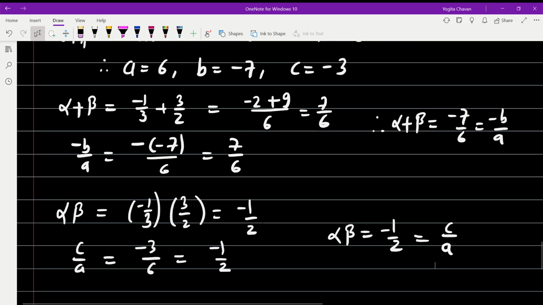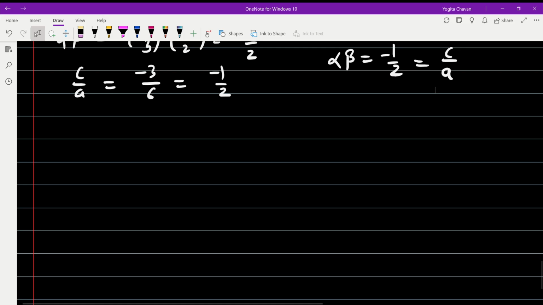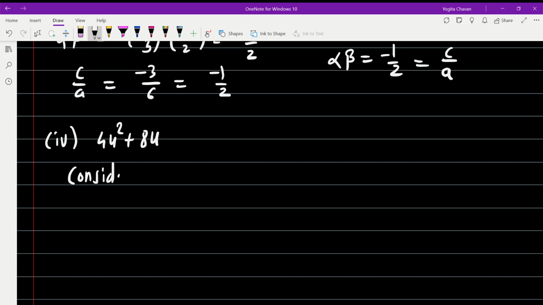Now number 4. Number 4, given polynomial is 4u square plus 8u. So consider 4u square plus 8u is equal to 0. So take 4u common. 4u in bracket u plus 2 is equal to 0.